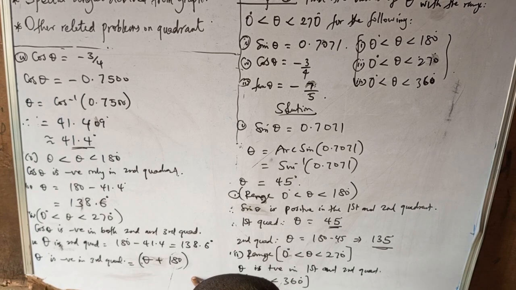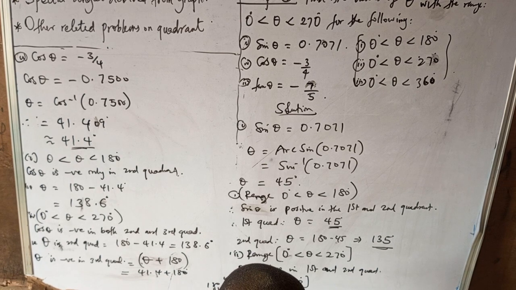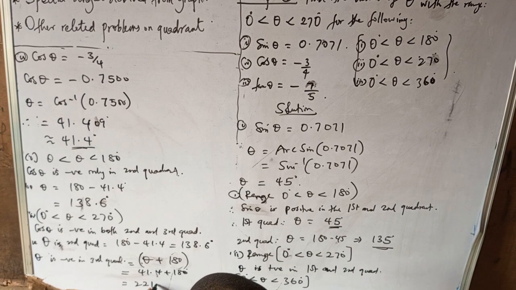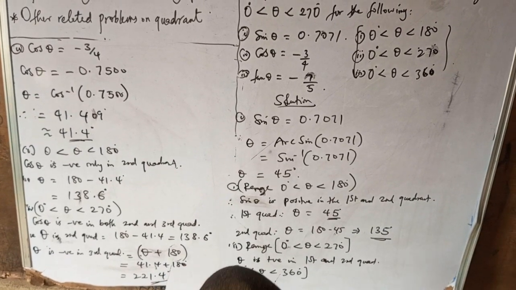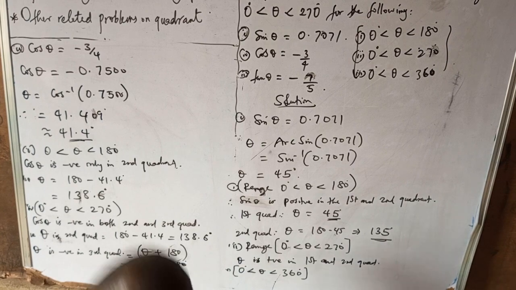You are adding it to the angle instead of subtracting. So this is going to give us 41.4 plus 180 degrees, and that will give me 221.4 degrees. So that is where the application of that addition comes into play.